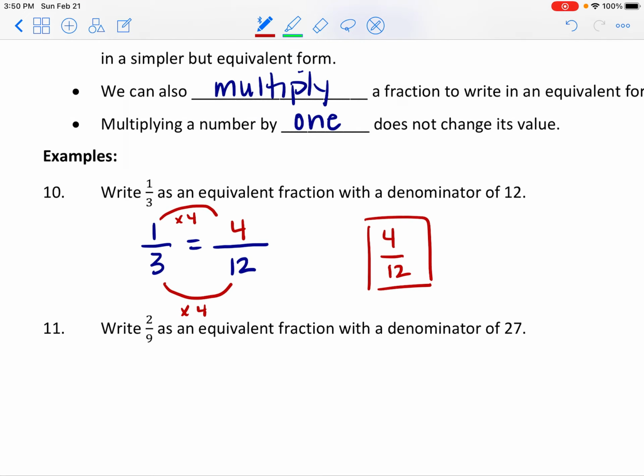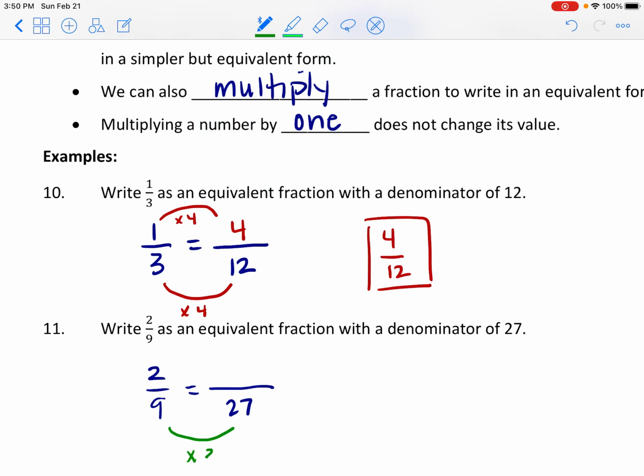Or similarly here, it says to take 2/9 and write it as an equivalent fraction with a denominator of 27. So to get from 9 to 27, I'm multiplying by 3. So I want to do the same thing in my numerator. Multiply by 3. And 2 times 3 gives me 6, which means the equivalent form is going to be 6 over 27.